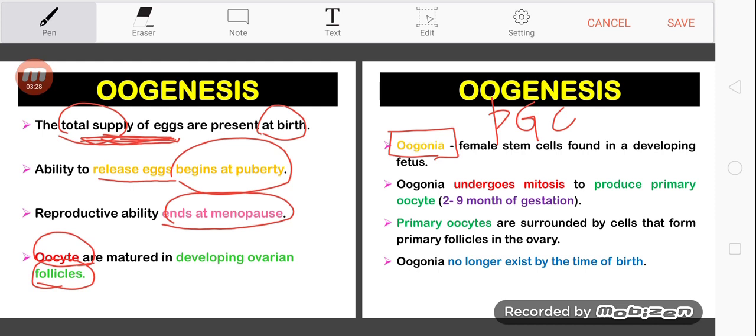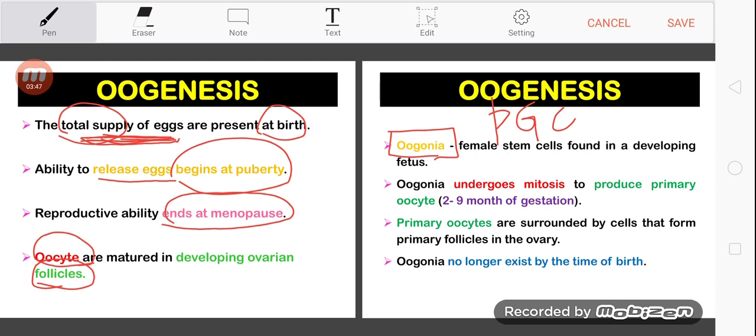We call it oogonia. And this oogonia enters, or starts, meiotic division 1, but it will not complete meiotic division 1. It rests at prophase 1.